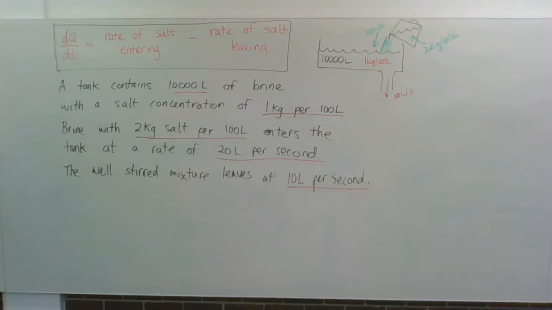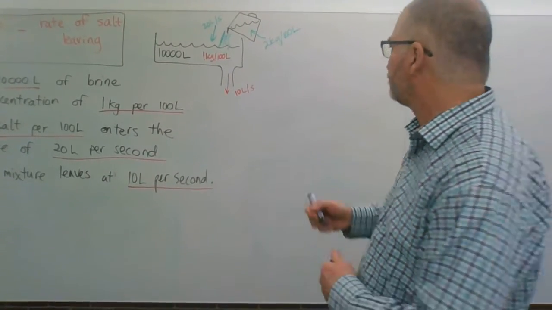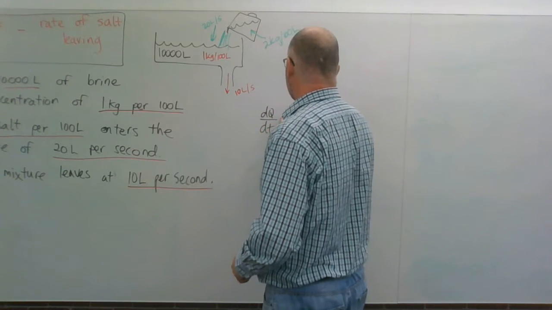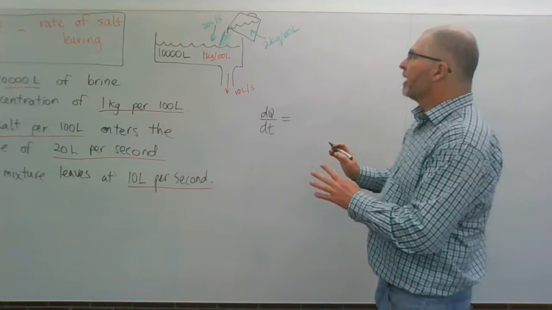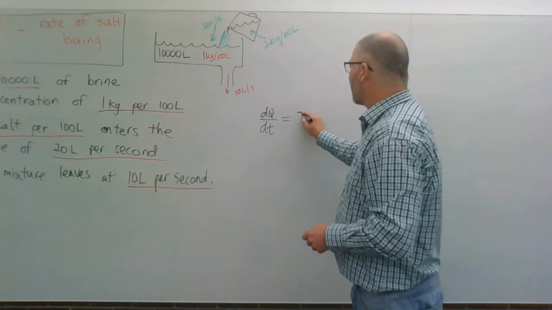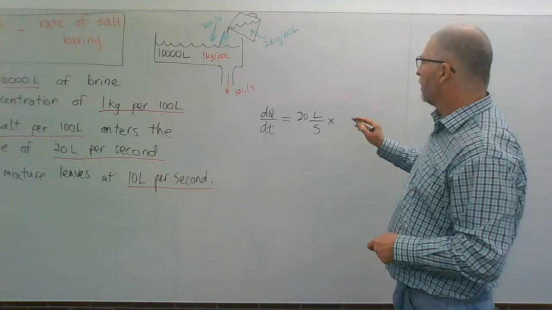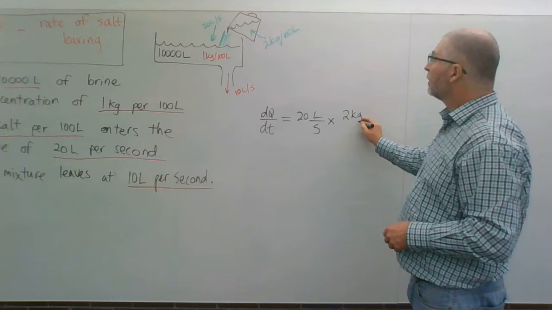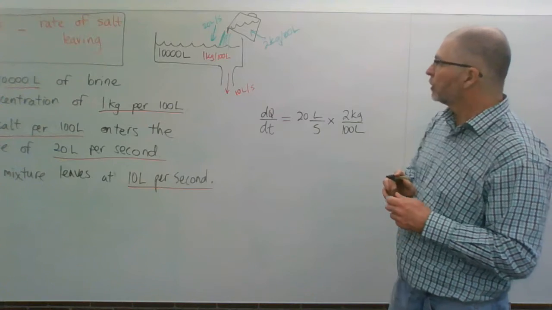So we need to write down that dQ/dt. Now the rate of salt entering. All right, we've got 20 litres per second of a 2 kilogram per 100 litres solution.